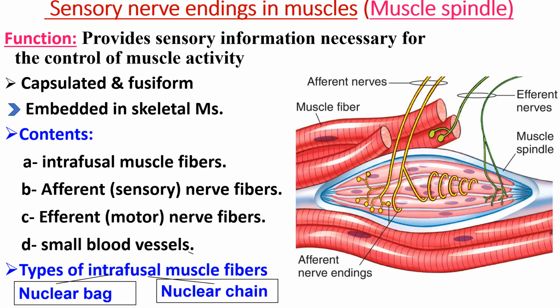Annulospiral, as you can see in the image, wind around the intrafusal muscle fiber. The other type, which forms rosettes, is called the flower spray type.